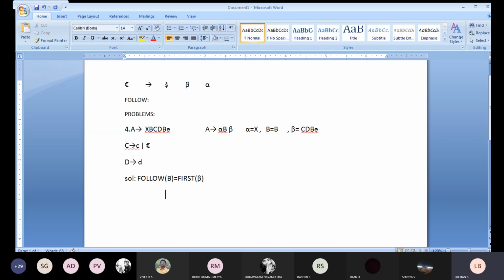First possible case. What will you be getting as beta value? CDBE I am going to get. So if you see the first of C, you have to check. In the first of C, did you get any terminals? In the first of C, you check.